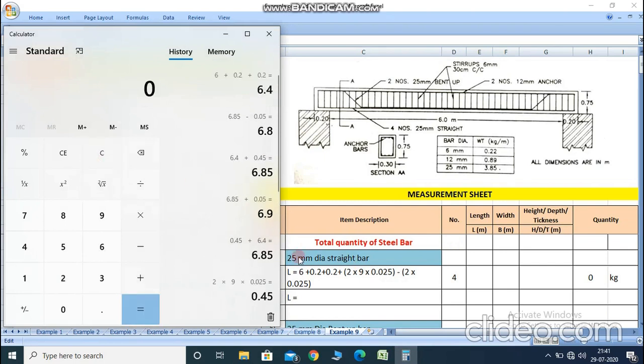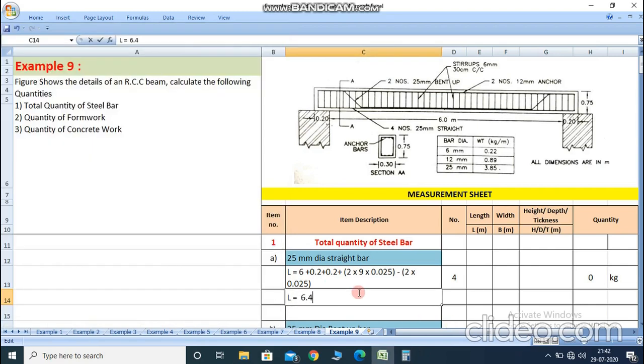Then 2 multiplied by 9 multiplied by 0.025 is 0.45, and 2 multiplied by 0.025 is 0.05. All three values we got: 6.4 plus 0.45 minus 0.05.